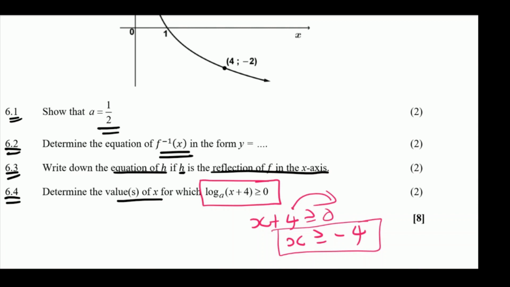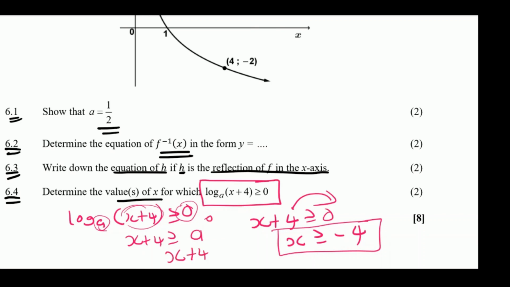And the second solution can be, we have log of base a of x plus 4 greater than or equal to 0. So this a here will be to the power of 0, remaining x plus 4. So it's going to be x plus 4 is greater than or equal to a to the power of 0. Anything to the power of 0 is 1, so it's going to be x plus 4 greater than or equal to 1.